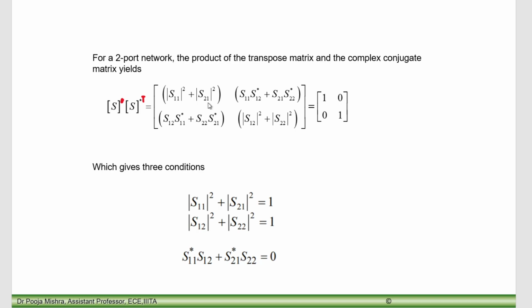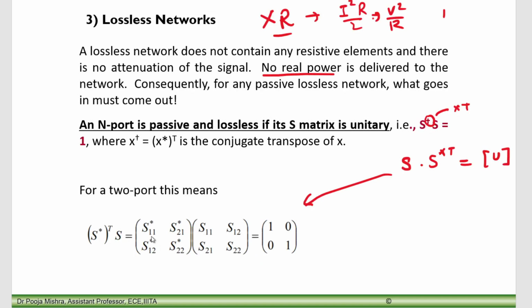If you multiply both the matrices given here, you will get S11 square plus S21 square. The second component will be S11 conjugate S12, S21 conjugate S22. The third term will be S12 conjugate S11, S22 conjugate S21, and the fourth similarly, and we'll equate this to the 1001 matrix.